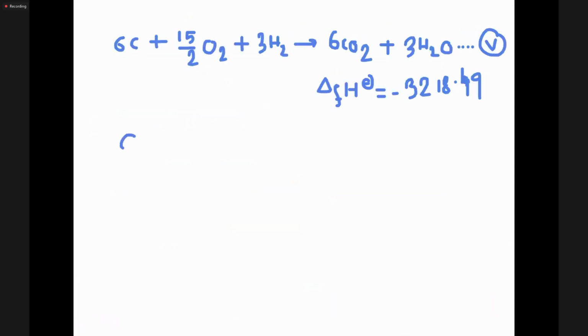So we'll reverse equation 2 as 6CO2 plus 3H2O producing C6H6 plus 15 by 2 O2.